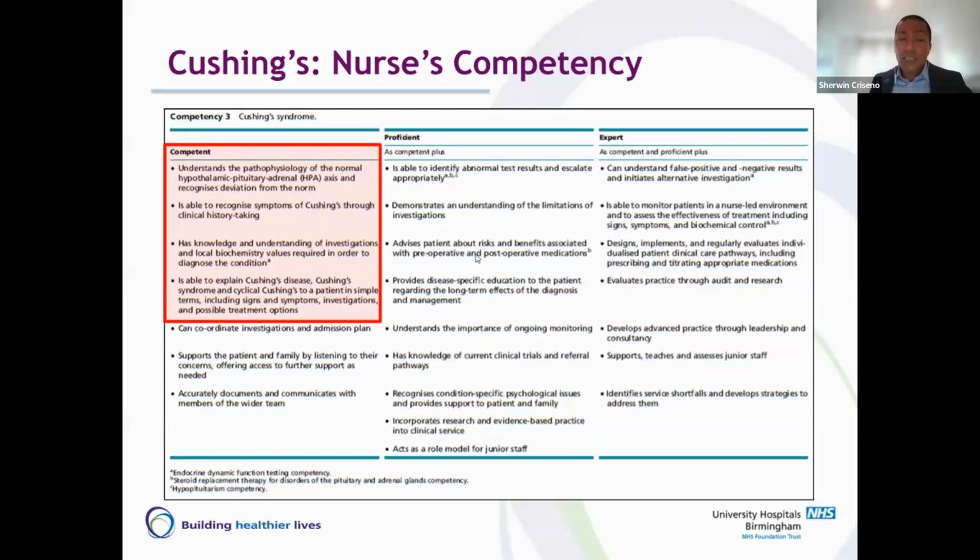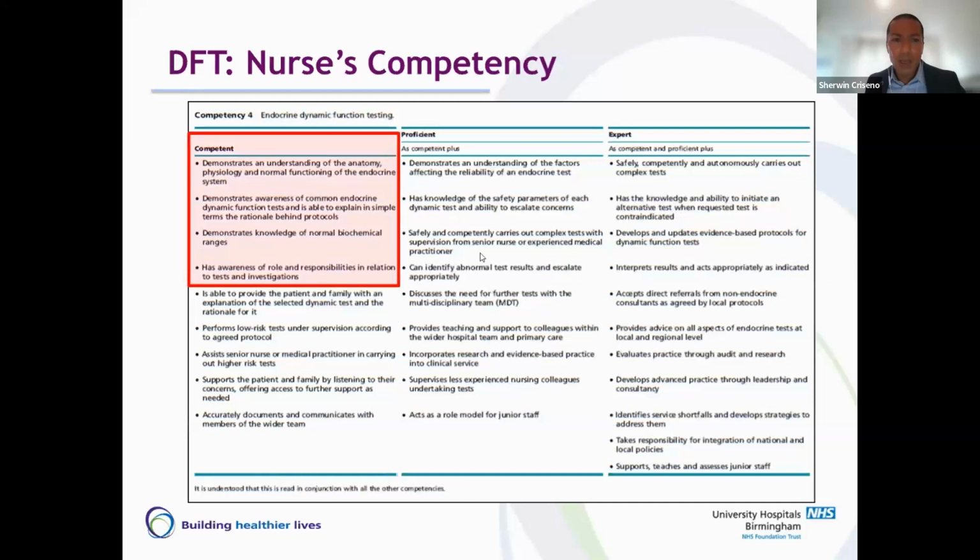Hopefully, this session gave you the knowledge to recognize some of the signs and presentations of Cushing's disease, and an understanding of the different investigations required to diagnose Cushing's syndrome and Cushing's disease. And in terms of dynamic function tests, I've given you 3 examples: the overnight dexamethasone suppression test, salivary cortisol, and the CRH test, which give you a basic understanding of dynamic function tests related to Cushing's.